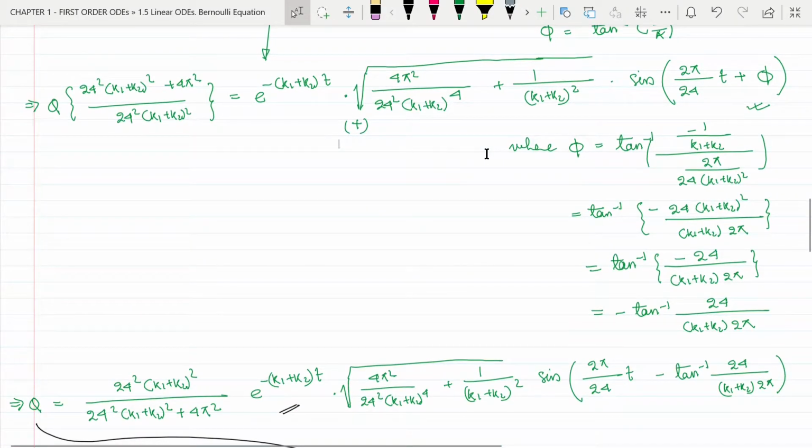Another mistake is when this k1 k2 cancels with k1 plus k2 square, this k1 plus k2 term goes to the numerator, not to the denominator. So this is plus k2 in the numerator. Similarly in here, it should be in the numerator.